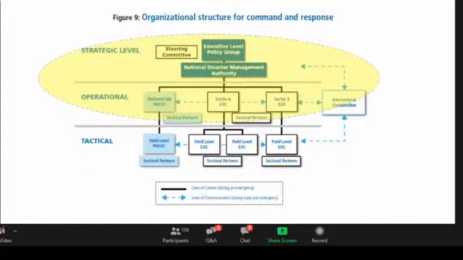Close coordination and timely information exchange is required between the National Disaster Management Authority and other responding agencies. For example, here we can see the health part, and we also have other departments like nuclear or radiation, or other clusters like environment. So next, please.